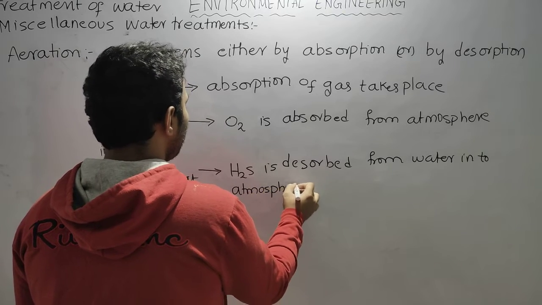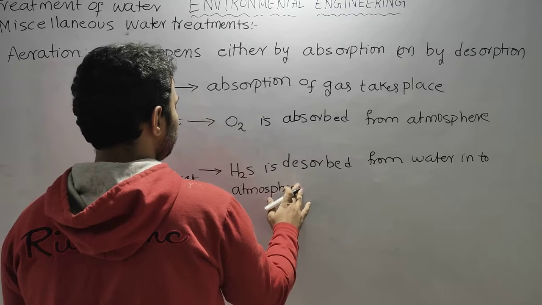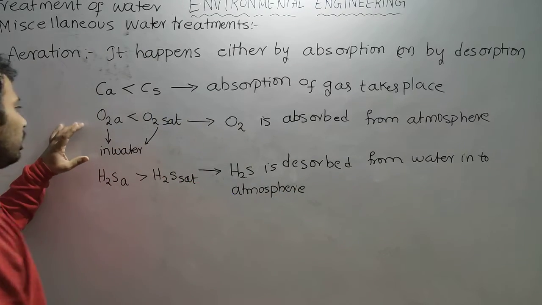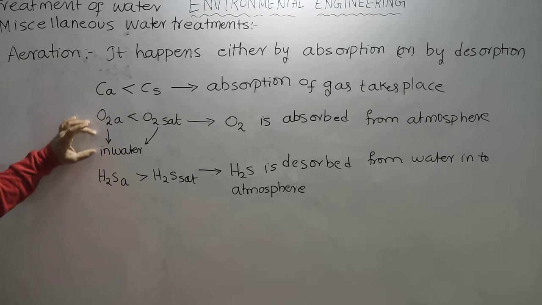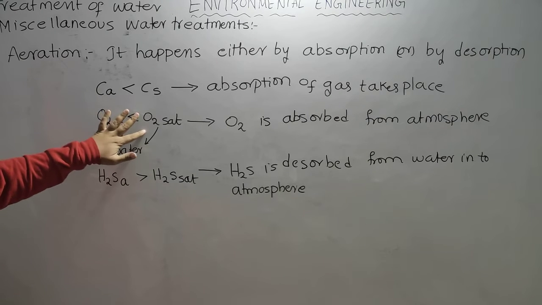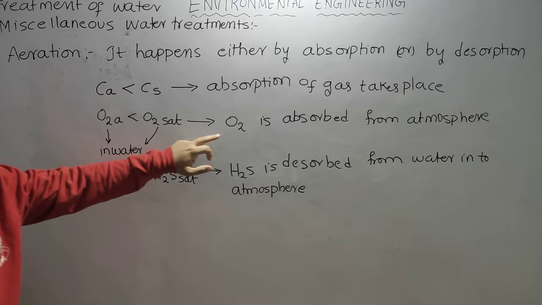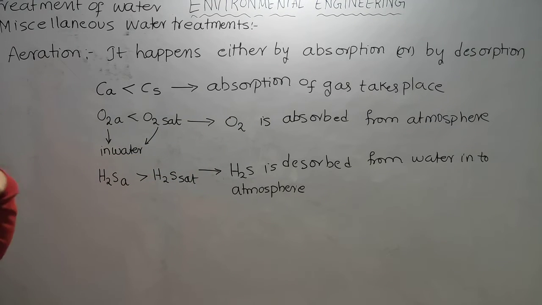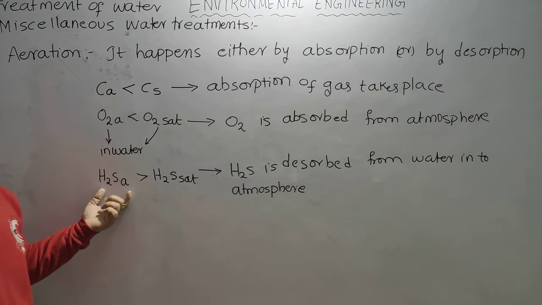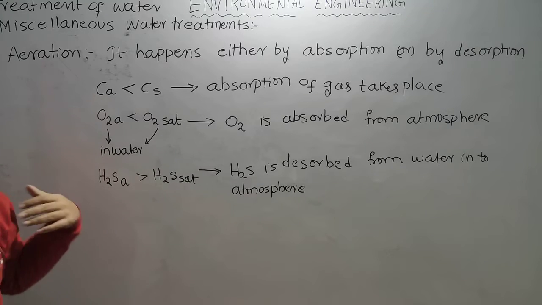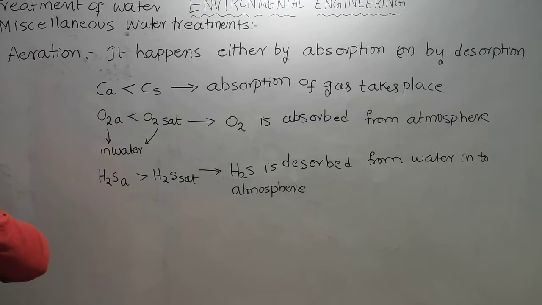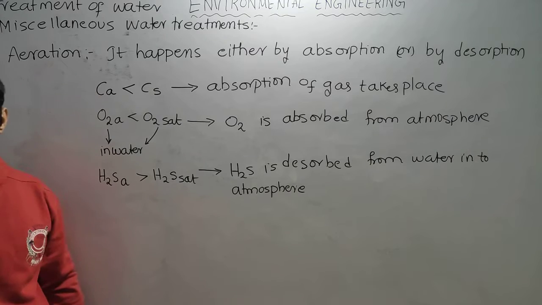So absorption and desorption: if the actual concentration in the water is less than the saturated concentration, then O2, or any kind of gas, will be absorbed from the atmosphere. If the gas actual concentration is more than the saturation, then the water will release that impurity or that gas into the atmosphere. This is how aeration happens.